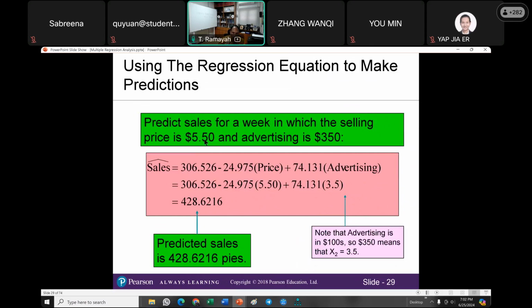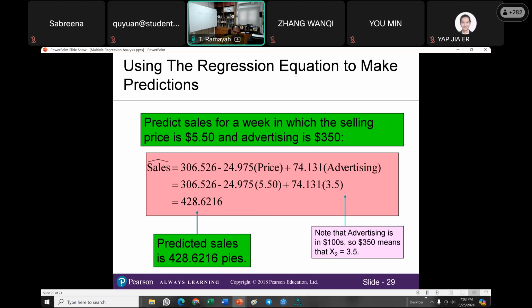Price we already know is 5.5, so we substitute with 5.5. Advertising is 350. Since the advertising is already in hundreds, we will not put 350, but we will only put 3.5 because the data is collected based on hundreds.